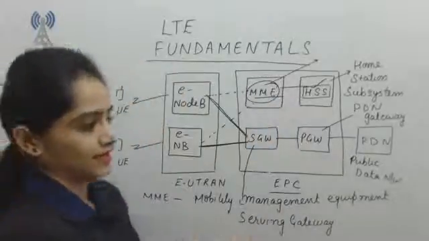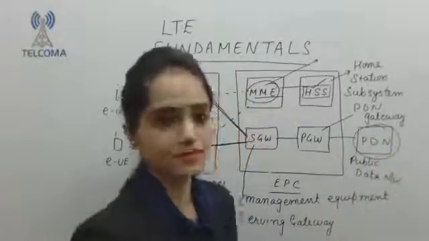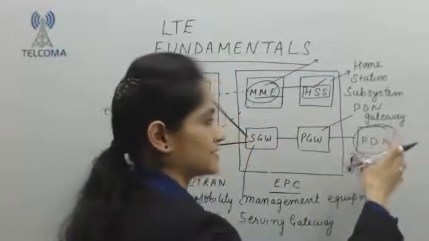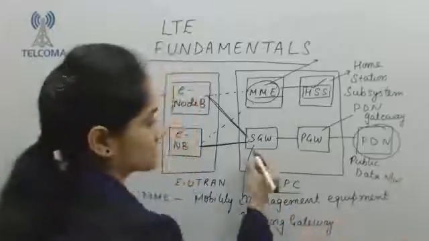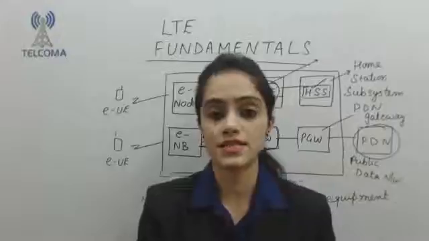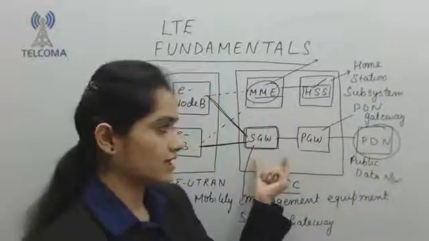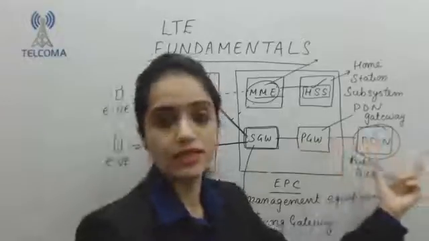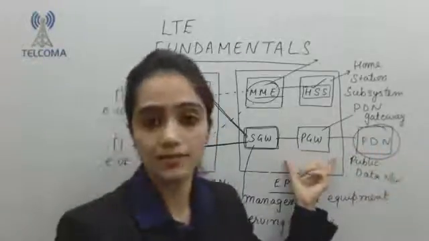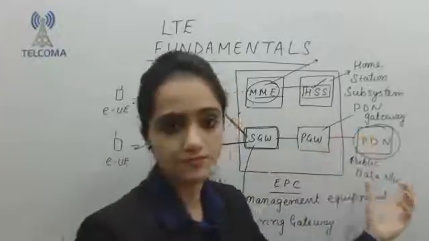Now we require data. So we have a public data network here, that means PDN, so we have servers at this end. The main controller of data is the serving gateway, like we have SGSN in the 3G system. This serving gateway is connected to PDN with the help of PDN gateway, which provides a gateway to the external network.